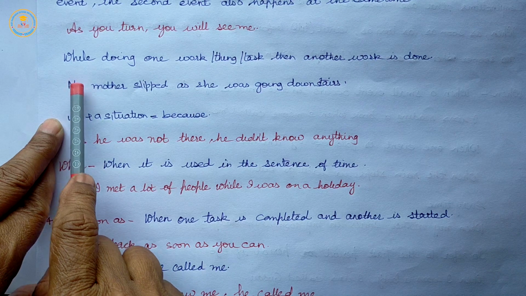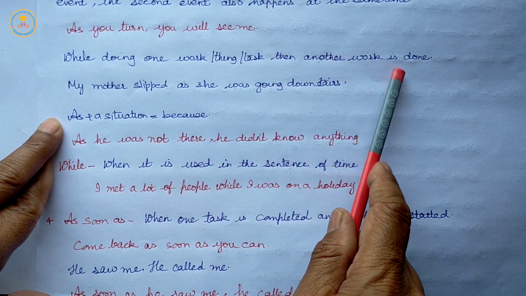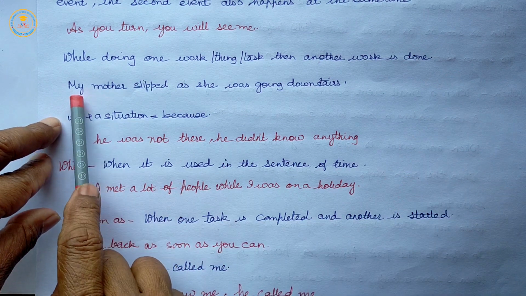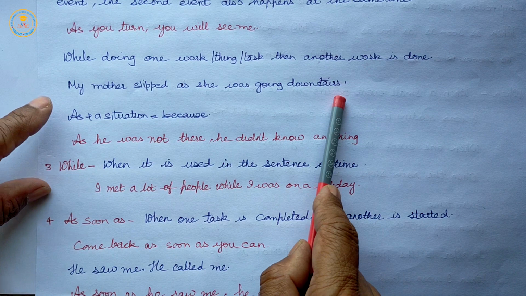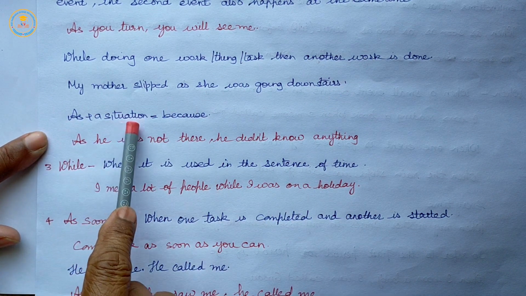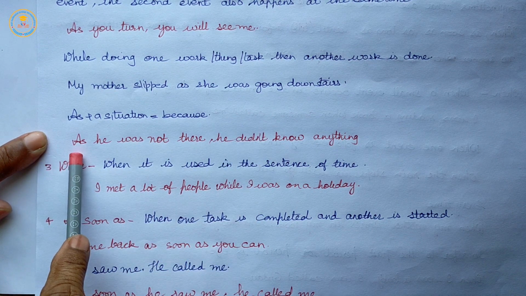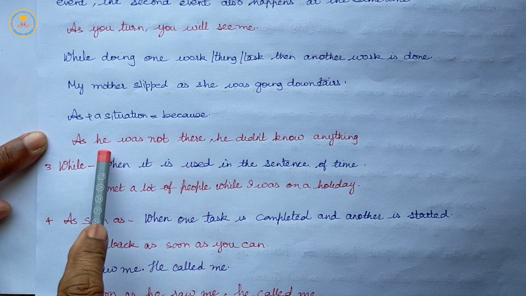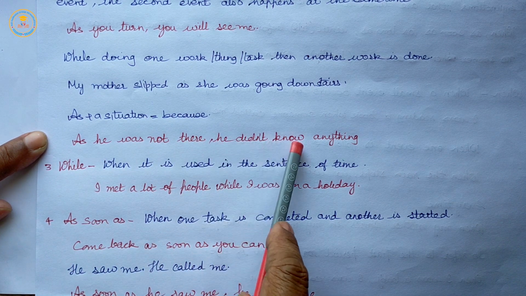Listen. While doing one task, another task is done. My mother slept as she was going downstairs. Next, a situation related to as plus a situation. That is a reason, you can say because: as he was not there, he didn't know anything.